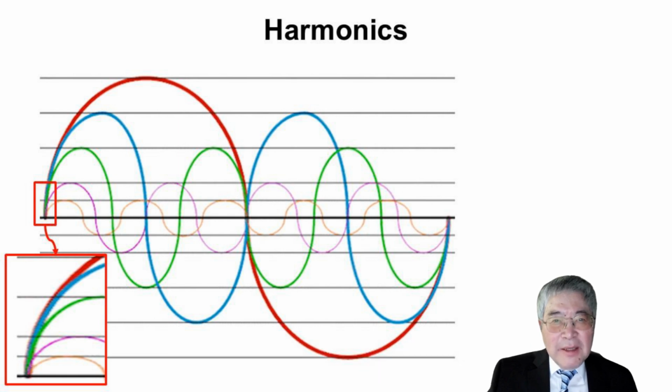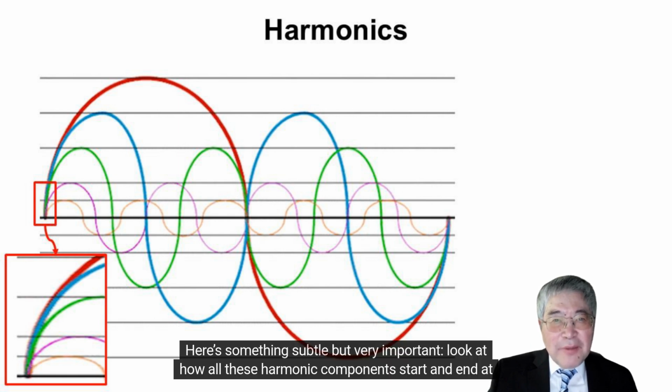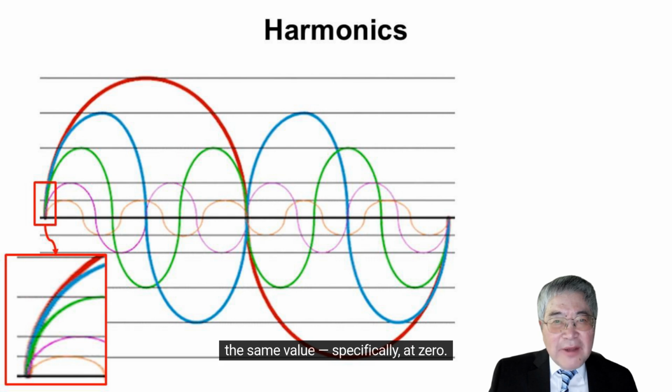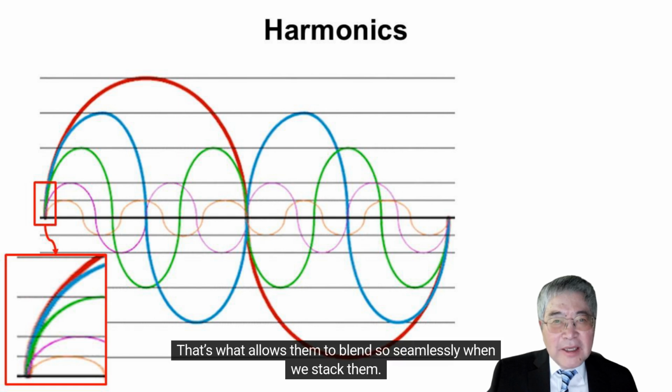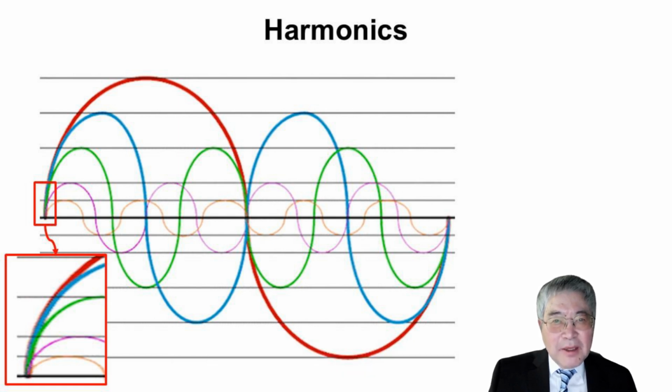Here's something subtle but very important. Look at how all these harmonic components start and end at the same value, specifically at 0. Not only that, but their rate of change, or slope, at the beginning and end is also smoothly matched. That's what allows them to blend so seamlessly when we stack them. Why does this matter?